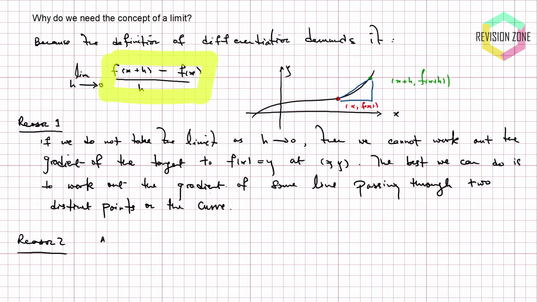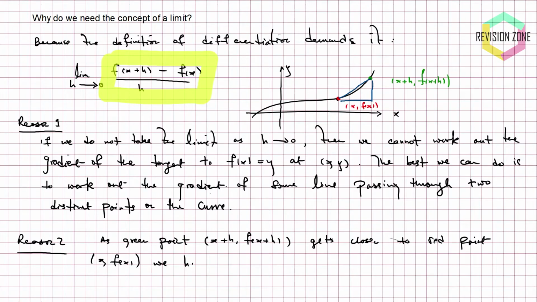So as the green point, which is obviously x plus h, f of x plus h, gets closer to the red point, which of course is x, f of x, we have h getting closer and closer to zero.